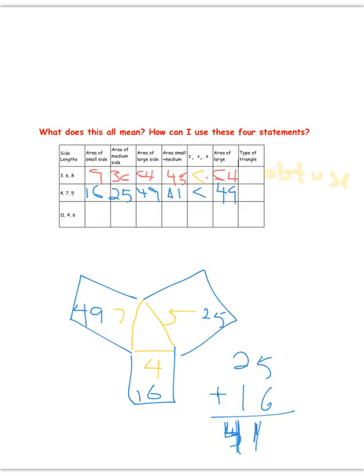What kind of triangle is it? Well, the area of the small plus the area of the medium is less than the area of the large, so it is going to be obtuse.